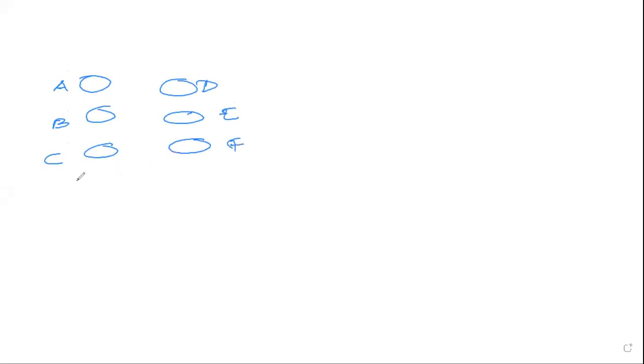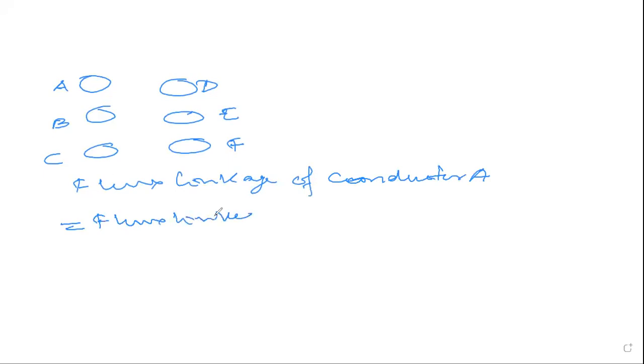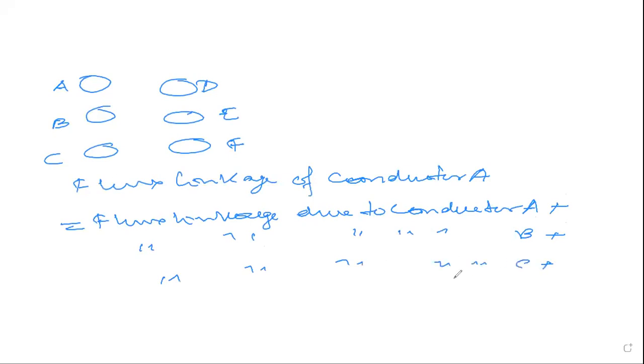We have taken here this conductor A, then conductor B, then conductor C, then conductor D, conductor E, and conductor F. Now we are calculating the flux linkage of conductor A. The components are the flux linkage due to conductor A, plus similarly the flux linkage due to conductor B, and we continue this for D, E, F all.